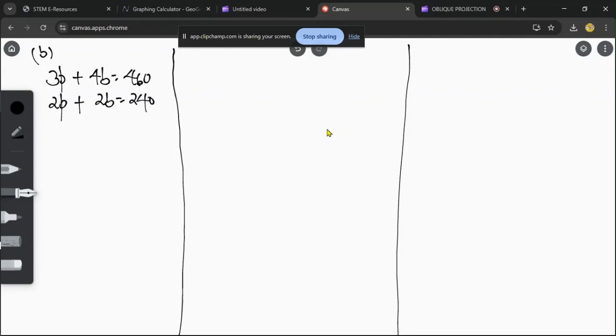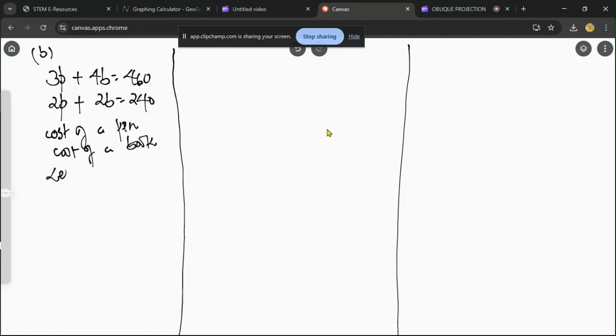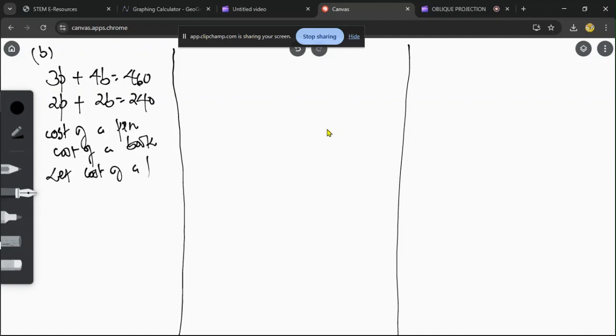So they want me to know the cost of each item, the cost of a pen and the cost of a book. So let the cost of a pen be letter P, and the cost of a book be letter B.